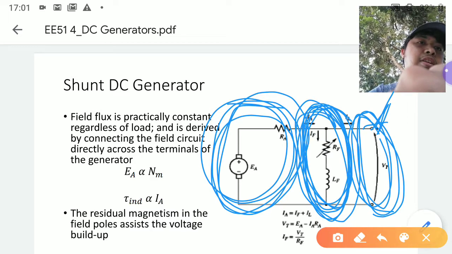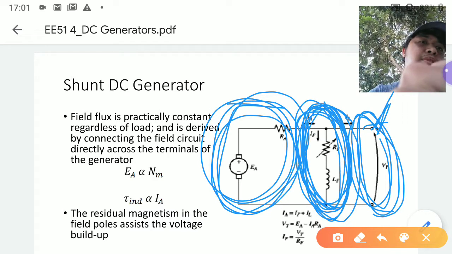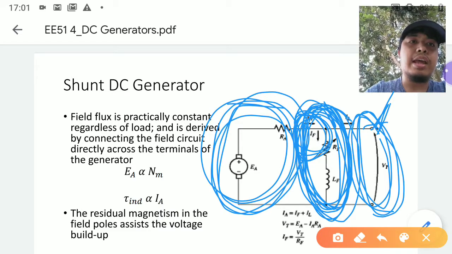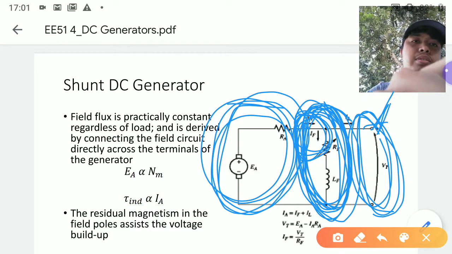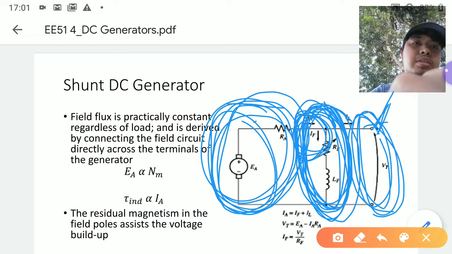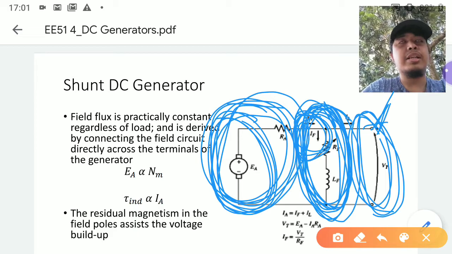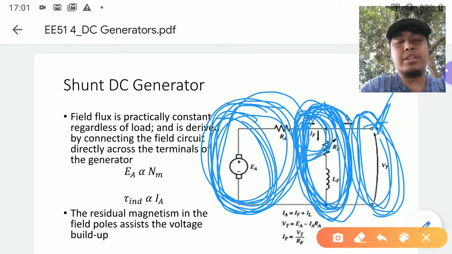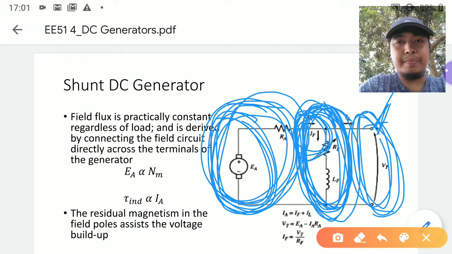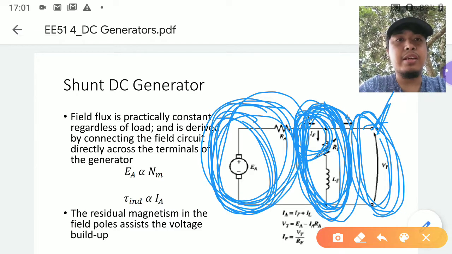And because of the different voltage at the field, you always have a varying IF, and a varying IF will produce a varying flux, and that will cause a varying EA, because your armature voltage is dependent on the magnetic field flux.